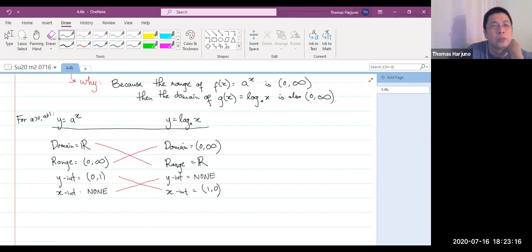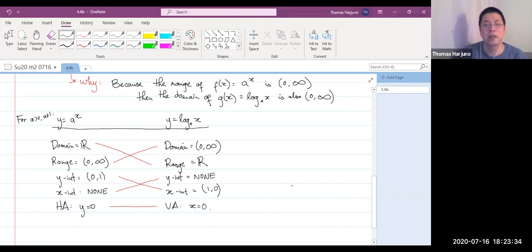Okay, the horizontal asymptote that we have, y equals 0, later on will become the vertical asymptote in the log function, x equals 0.